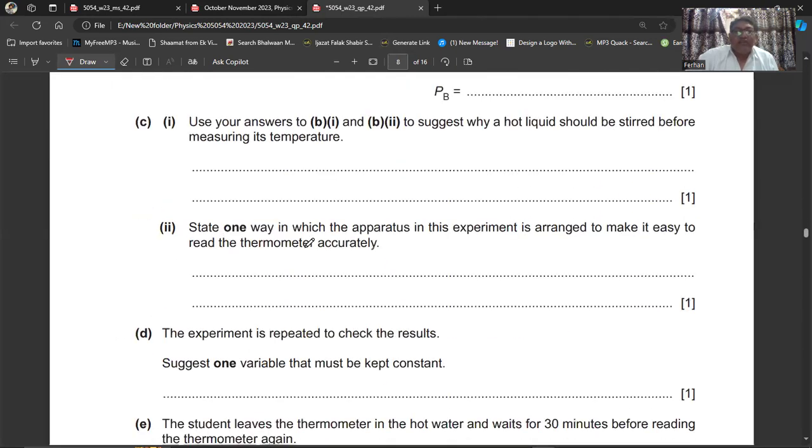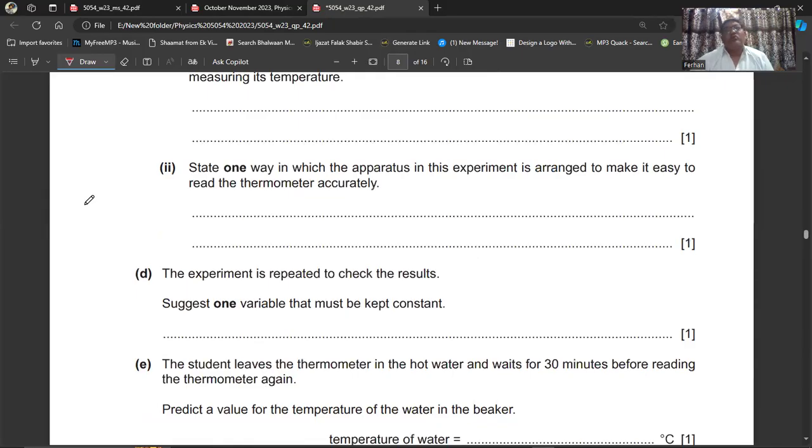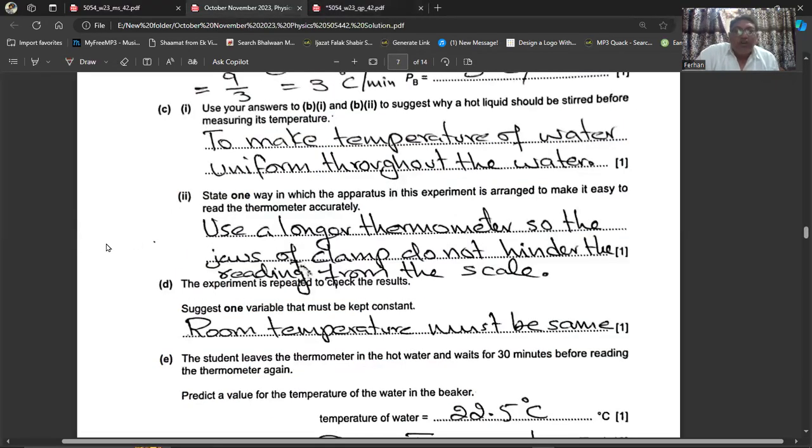So one good thing you can do is use a longer thermometer. When you use a longer thermometer, your clamp will not be near the point from where you are taking the reading, because it's possible that the reading might reach the level where the clamp is. So this is one suggestion.